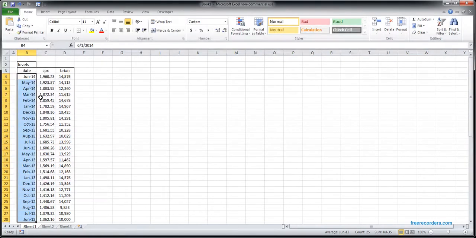I've got the price, or the index value, of the S&P 500 during that period of time, and then I have this other range of values that I randomly generated online, so let's pretend this is the value of my retirement account. I started with $10,000, and it's gone up and down and fluctuated back and forth, and now we're at $14,000.